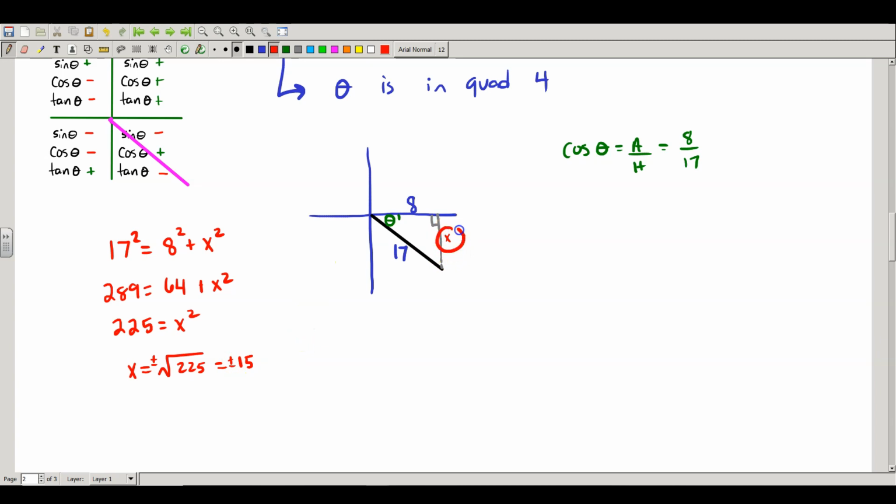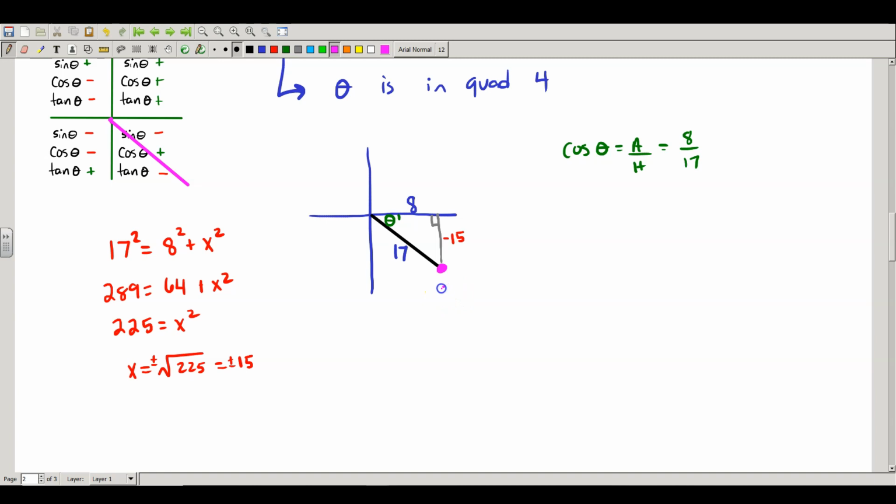So when we write our answer right here, we know that distance is 15. However, because we're in quadrant 4 and we're going down here, I'm going to consider this to be negative 15, not positive 15, because if you think again of the coordinates and the point, if we put this little point right there, we're in quadrant 4.